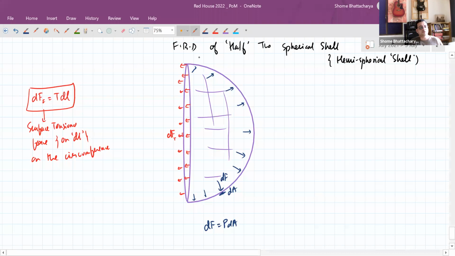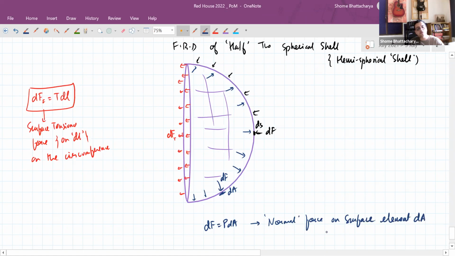And finally, there is force because of external pressure, which is also acting normally at the outer surface. So these are the normal force on surface element dA due to internal pressure.